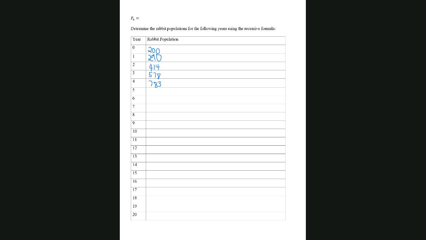You'll find that year 5 is 1021. 1271 is year 6. Year 7 is 1503. You can follow along on your calculator to check these. Year 8 is 1609.